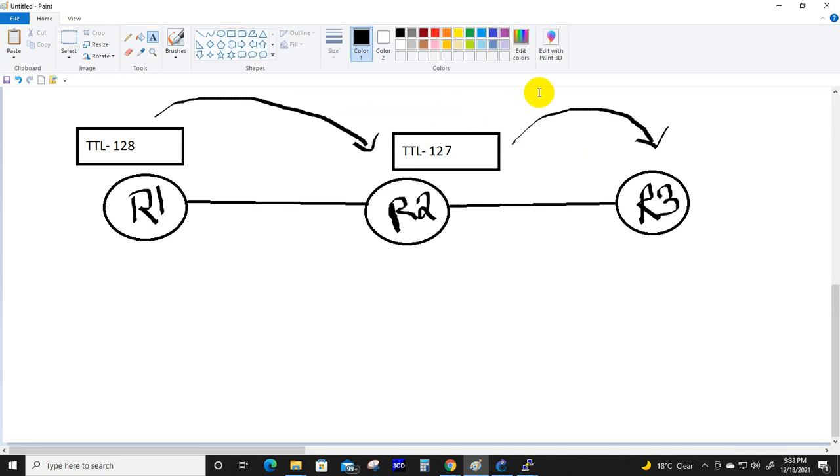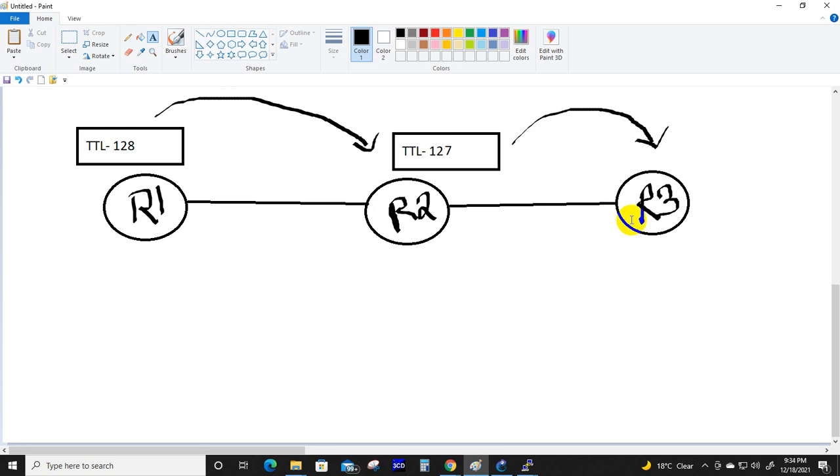So what is the purpose of decreasing the TTL value? So that if by chance a packet gets into a loop, that packet should not be stuck in a loop forever.